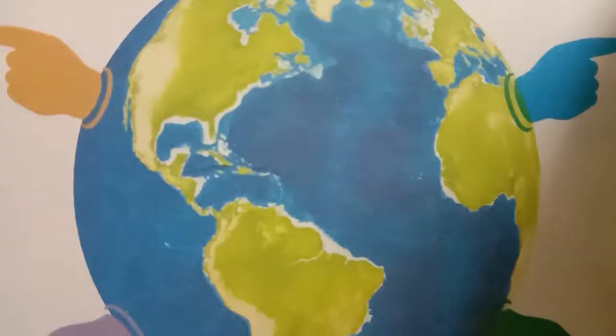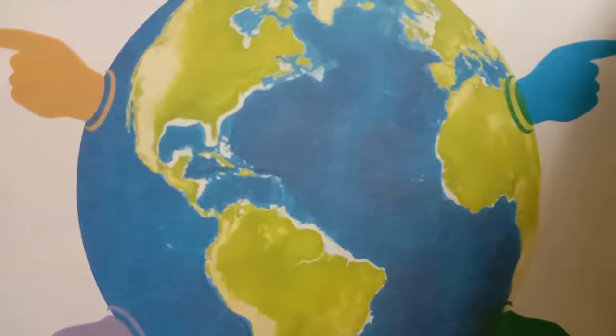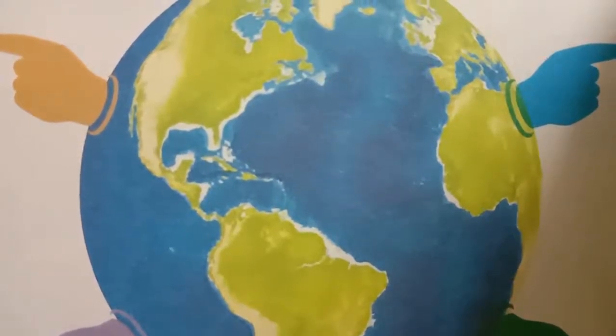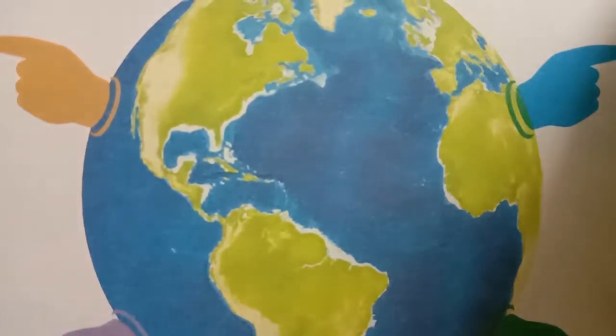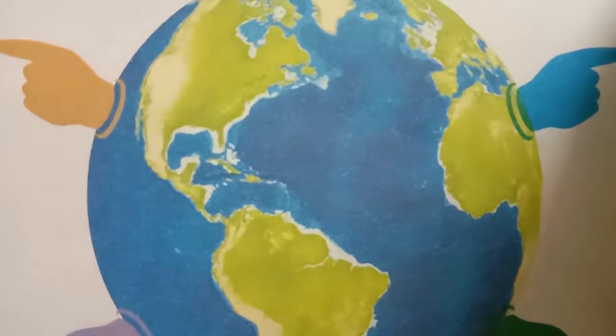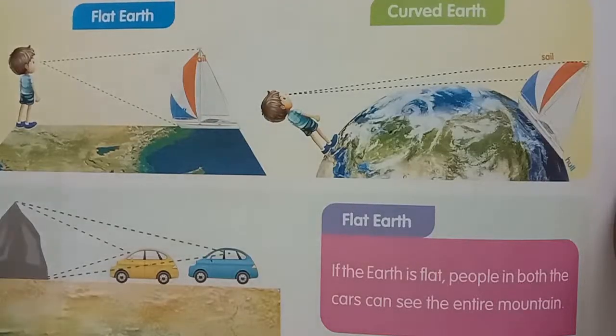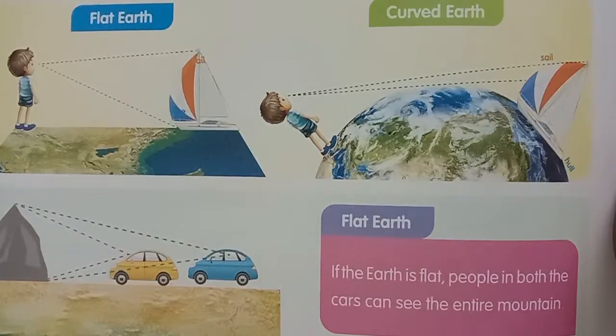Okay children, understood? The Earth is divided into two parts, non-living components and living components. Non-living components are divided into three parts: lithosphere, hydrosphere, atmosphere, and living components, biosphere, life. Now I am going to tell you about the shape of the Earth.